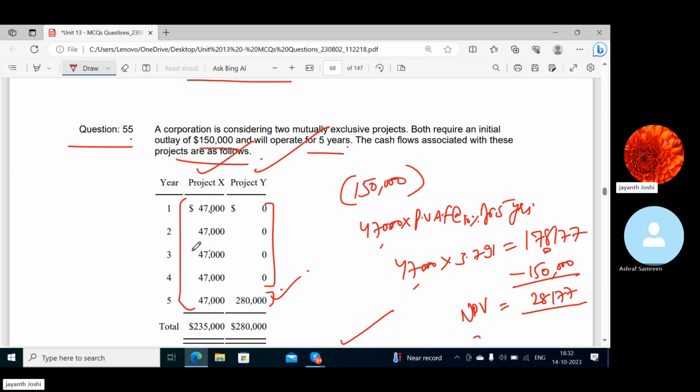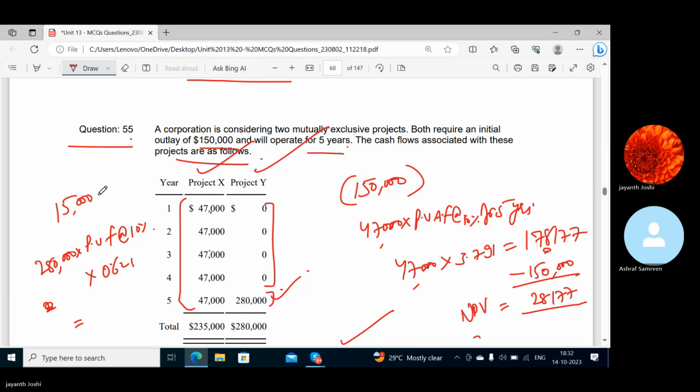In this case, there is no annuity. So 2,80,000 into the present value factor at the rate of 10%. Can you tell me the present value factor at 10%? I'll tell you, 0.621. Multiply these two and tell me the present value. 1,73,880.